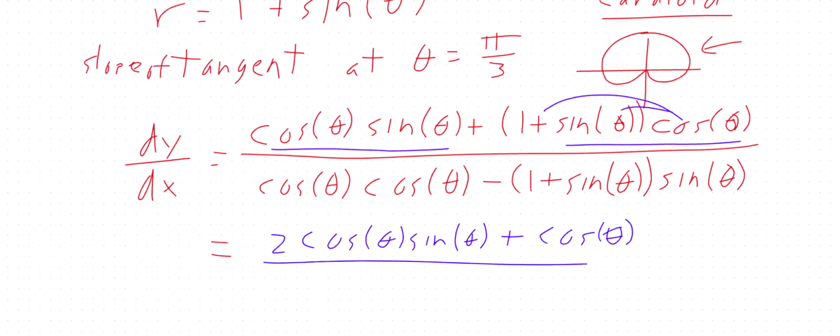On the bottom, we're going to get a cosine squared, minus sine squared, minus sine. All right, doesn't help us too much.